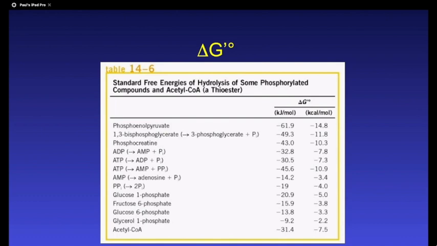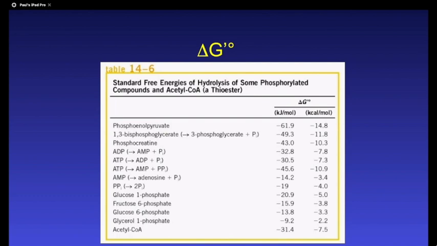And when you look at this, there's a whole list. Which one is kind of the defining one? Do you know? Which one is the one that we kind of relate everything to? Yes, ATP and Pi.